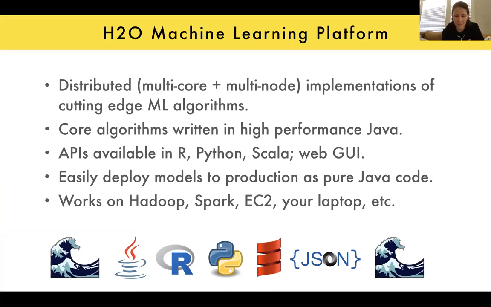And the big difference is that those other packages are more of a layer on top of a lot of other machine learning packages, whereas with H2O we have written all the algorithms from scratch. So it's not really an interface to other things. It just has a bunch of algorithms on its own.